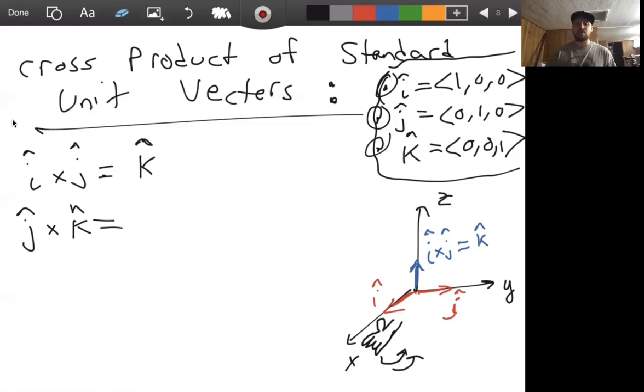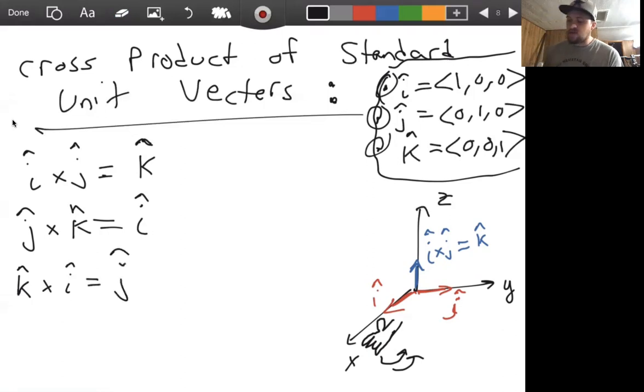And your thumb is pointing in the positive x direction, and it's a unit vector, so we get that j hat cross k hat is i hat. And by a similar argument, you can see that k hat cross i hat is j hat. So here's a list of cross products of standard unit vectors.